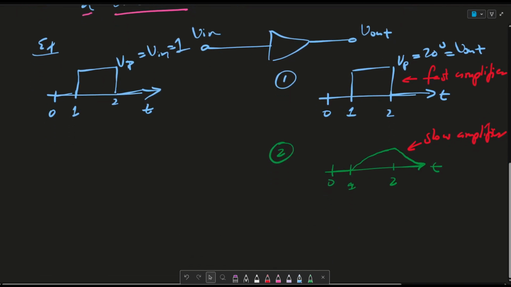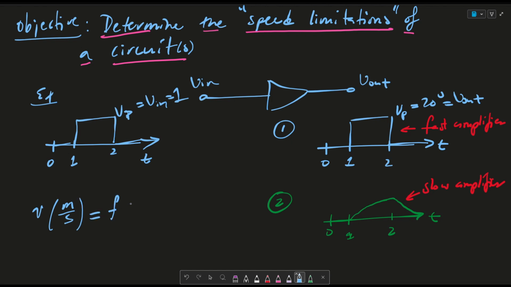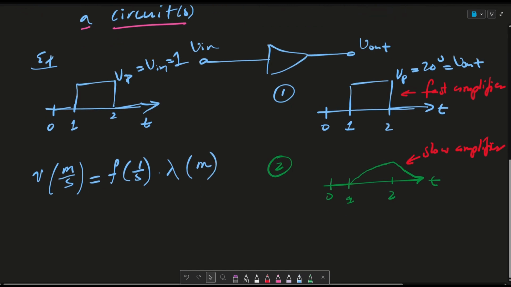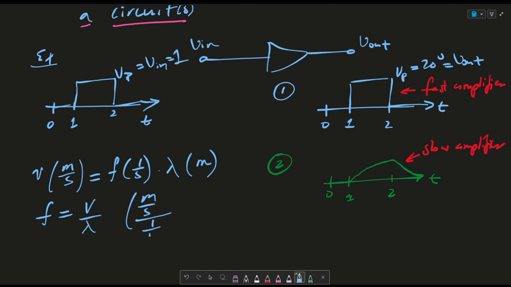For example, if you remember this from physics, your velocity, or the meters per second, is equal to your frequency, which is in 1 over seconds, times your wavelength, which is just in meters. So frequency in this case would be v over lambda, where the units are meters per second over 1 over meters.